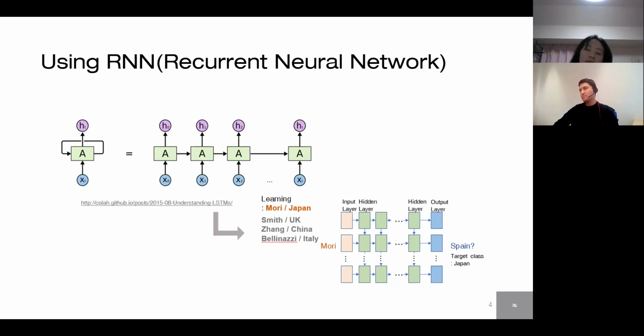In this study, a recurrent neural network is used as a method of prediction using a vast amount of name data. Recurrent neural network, RNN, uses the concept of a neural network. For RNNs, the output from the front layer is used as the next input. This approach is appropriate to learn sequential data.